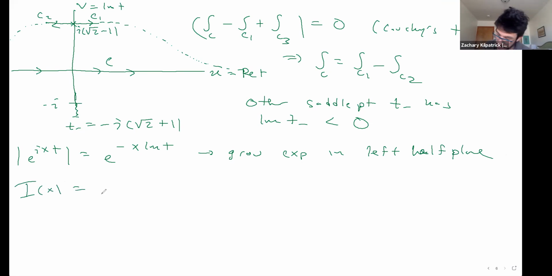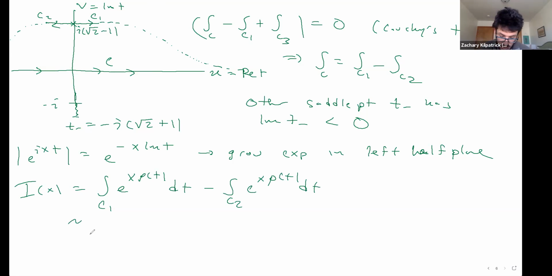I of x is equal to, or approximated by, actually it's equal to the integral over C1 of e to the x rho of t dt minus the integral over C2 of e to the x rho of t dt, okay?